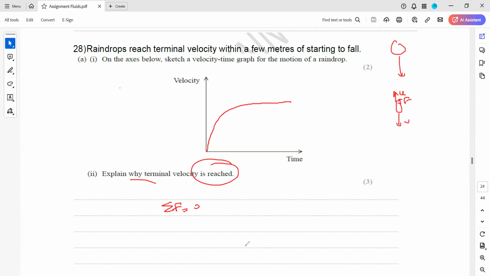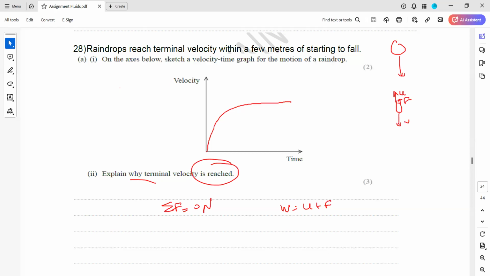And we can say the weight is equal to upthrust plus the viscous drag, because it is going down, so the weight equals upthrust plus the viscous drag or the drag force.